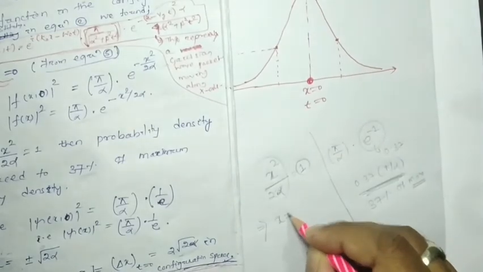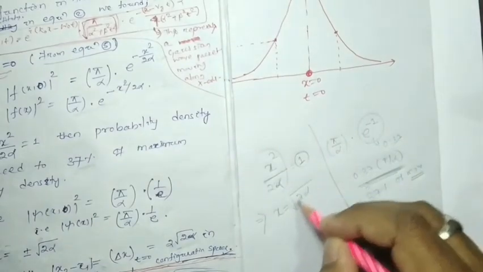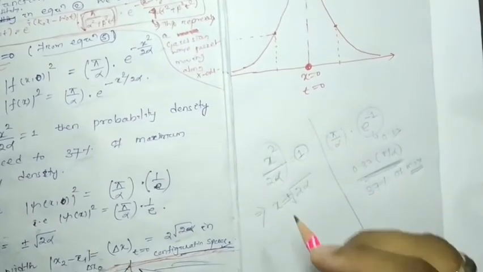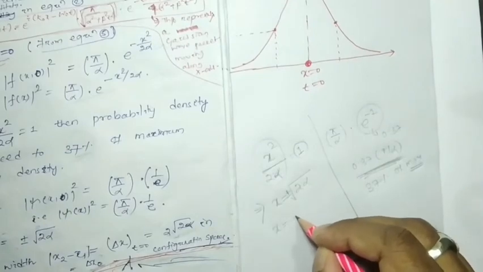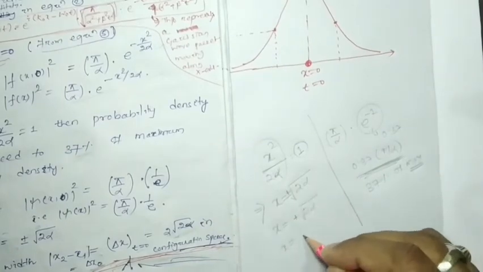x will be how much? x will be plus or minus root over 2 alpha. Okay. So here we found that x is equal to plus root over 2 alpha and x equal to minus root over 2 alpha.